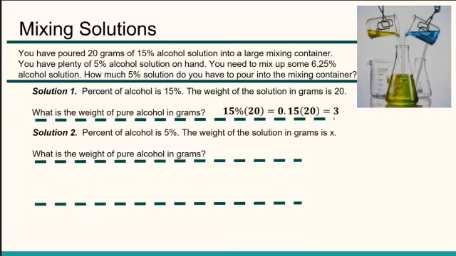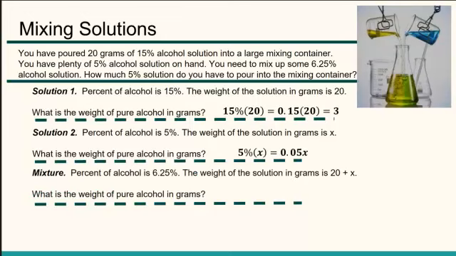So how much am I putting in there? Well, the percent of alcohol is 5%. The weight of the solution in grams, I don't know what that is because I don't know how much I need to put in there. It's x. For the mixture, the percent of alcohol is 6.25%. The weight of the solution in grams is going to be 20 plus however much I put in there, because I'm putting 20 from solution 1 and x amount from solution 2.